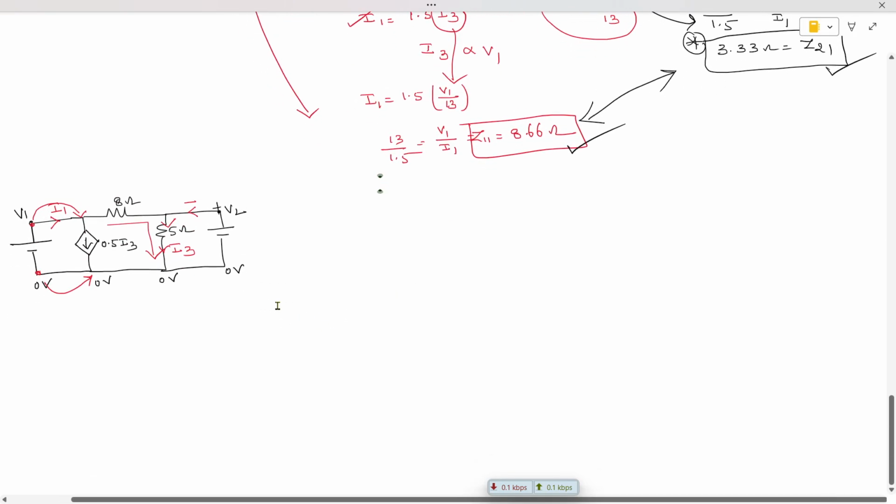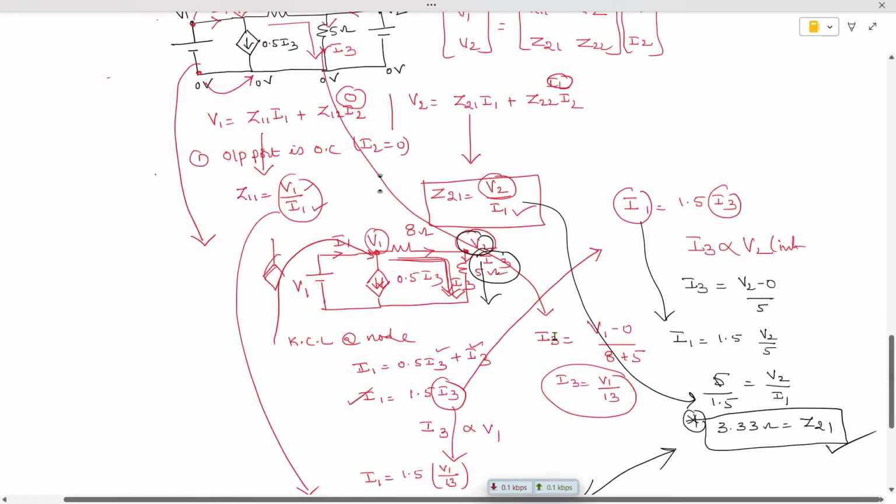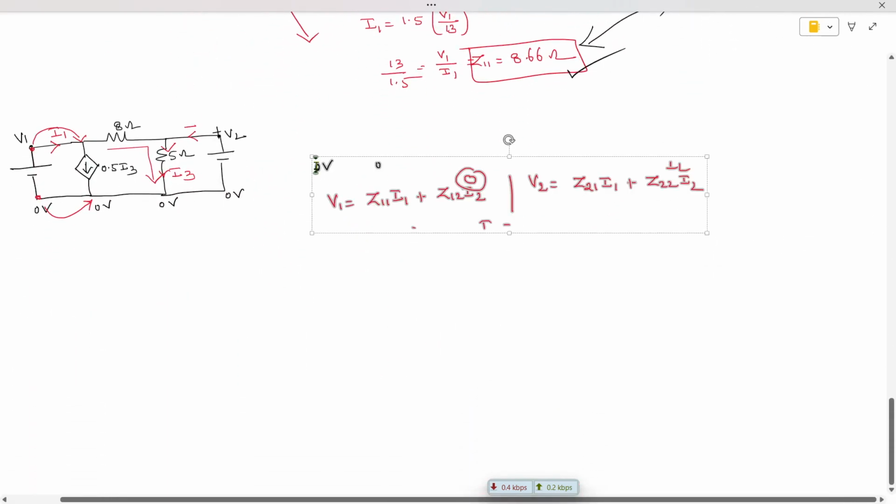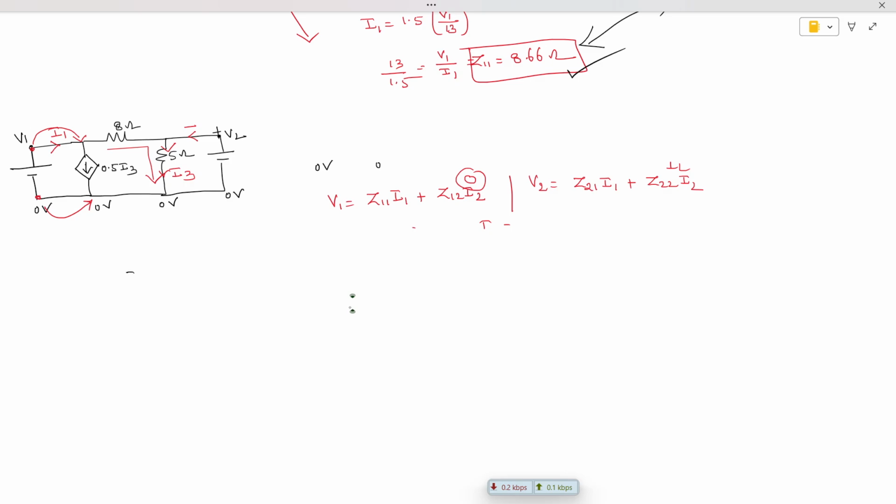So these are the equations we are having. Previously we had made the output open. Now we are going to make the input port open circuited, which is I1 equal to 0.